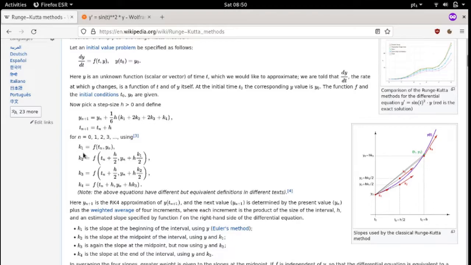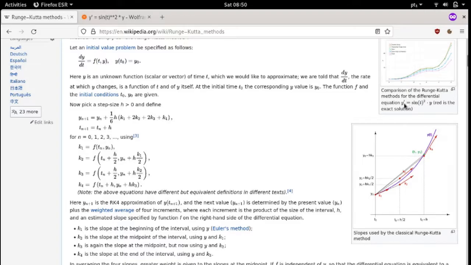The Runge-Kutta coefficients are defined as k1, k2, k3, and k4. This f here, you can see there's an f in dy/dt, and this f appears here, is the form of the function of your differential equation, talking in very general terms here.